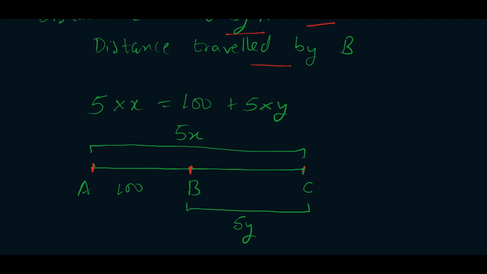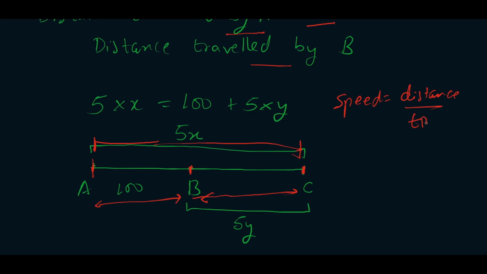So they will meet at some point C. So the distance which B travels, this distance plus 100 kilometer, this will be the total distance that is traveled by A. So when A will reach at point C, this is the total distance. So we are given that the speed is x, and we know that speed is equals to distance over time.